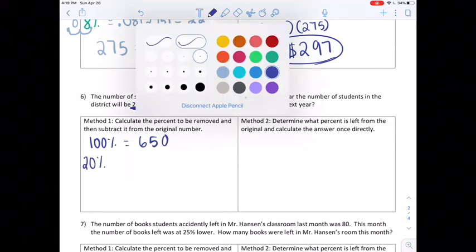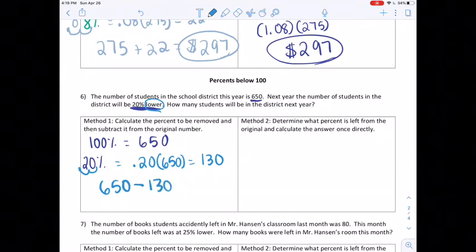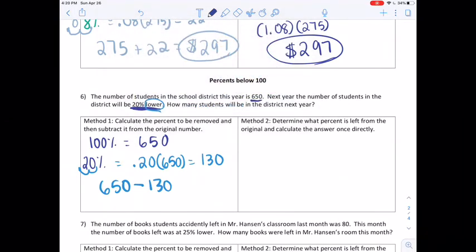So 20%, move your decimal over 2 spots to the left, 0.20 times 650 will be equal to 130. And since I am going 20% lower, I'm going to do 650 minus 130 because I need a smaller number. 650 minus 130 is equal to 520 students.